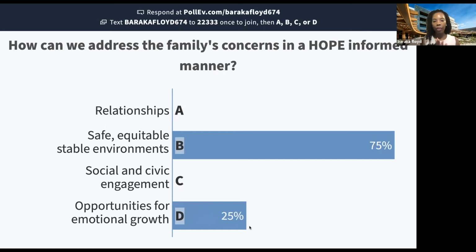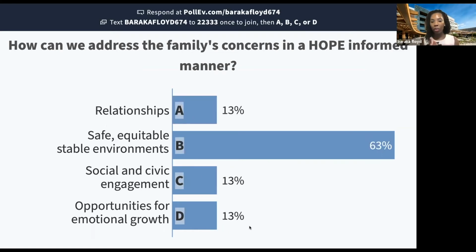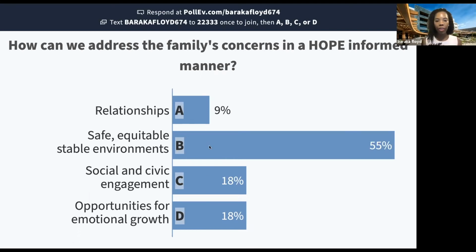I'm seeing safe and equitable environment, so those might be things about places to go. Social and civic engagement, so those also might be places to engage. Opportunities for emotional growth might be therapy. Relationships might be new relationships to build. I'm seeing most safe and equitable environments, then social and civic engagement and emotional growth, and then relationships last. All right, thanks, guys.